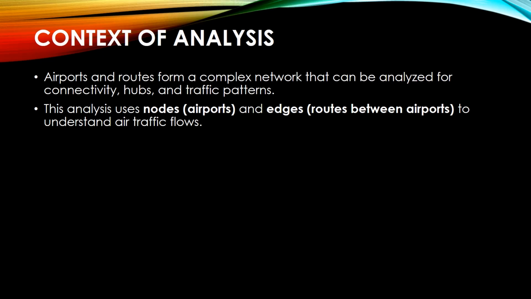This analysis will help us understand airport density, which is basically the measure of airports per unit area, and also understand whether geography influences airport distribution in terms of latitude. So without further ado, let's go to Tulip and do some analysis.